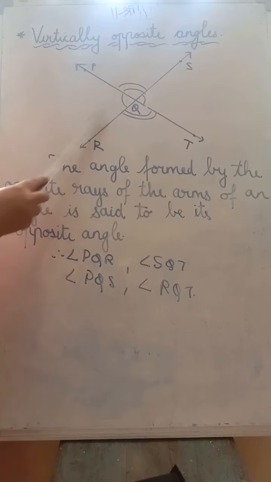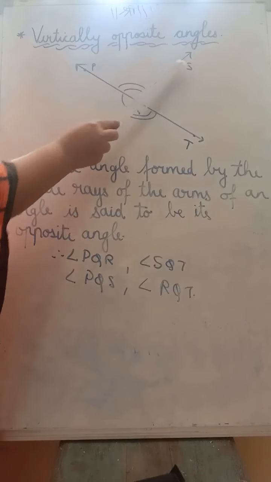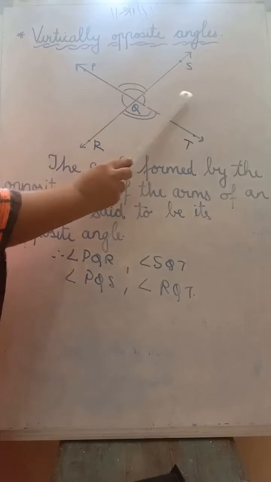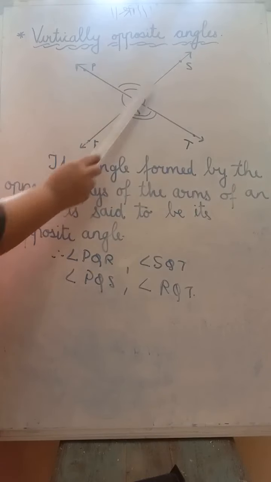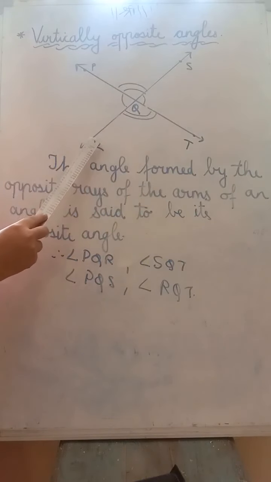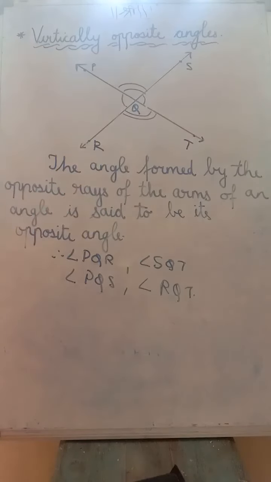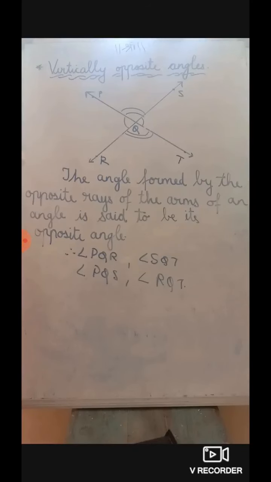Therefore angle PQR is opposite to angle SQT. Both are opposite to each other, and angle PQS is opposite to angle RQT. So now write down the notes of vertically opposite angles in your CW.